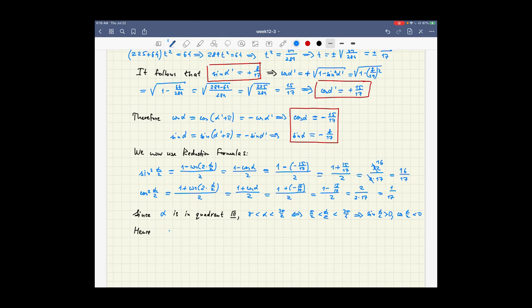Therefore, sine of alpha over 2 is the positive square root of 16 over 17. It's 4 over root 17. Or if you wish, 4 root 17 over 17.